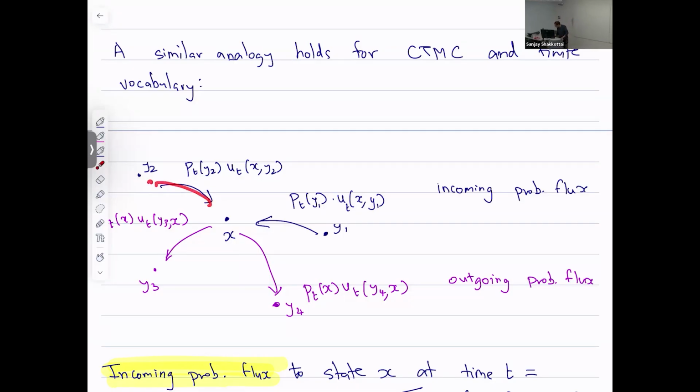From Y2, the probability flux coming in is p_t(Y2) u_t(Y2 to X). Similarly, from Y1, it is p_t(Y1) u_t(Y1 to X). So these are all the incoming fluxes. Then outgoing fluxes: p_t(X), because we are at X, times u_t from X to Y4, and so on.